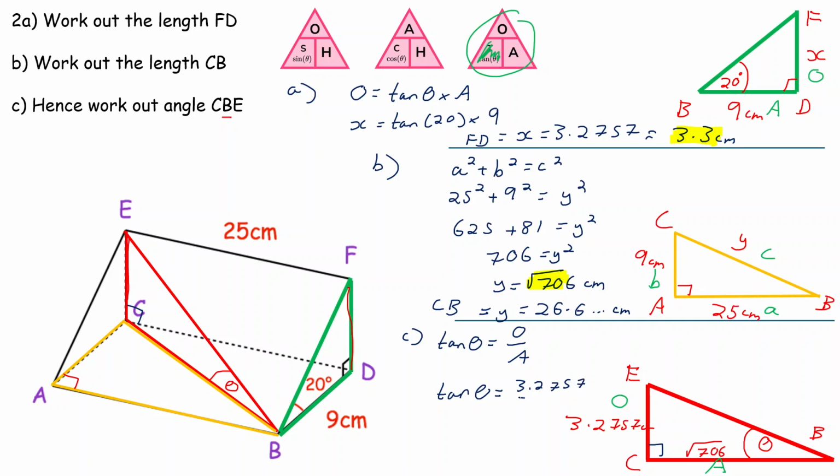I'm not rounding too early, otherwise you might get rounding errors. Over the adjacent side, which I've kept as root 706.